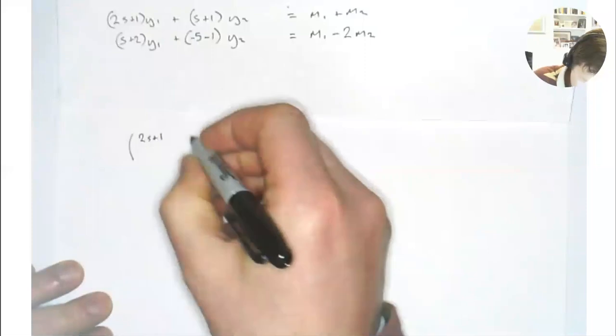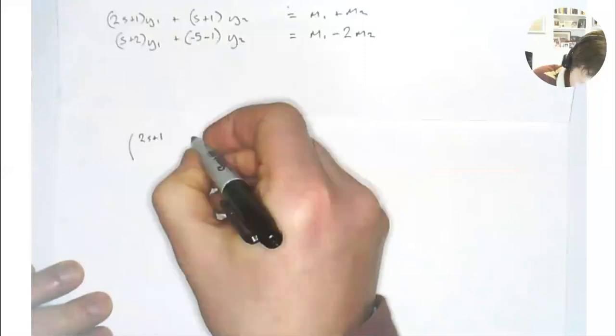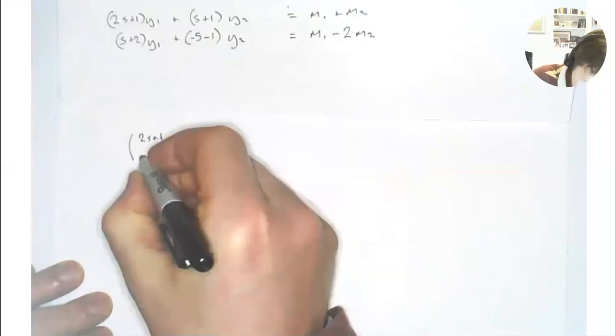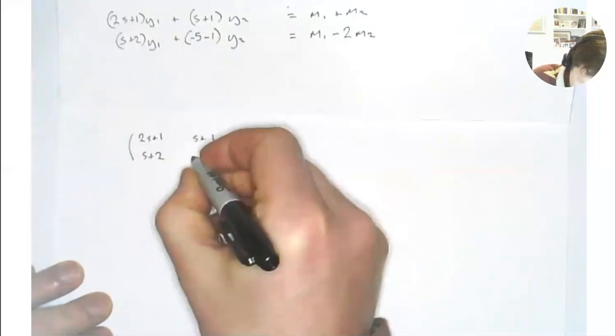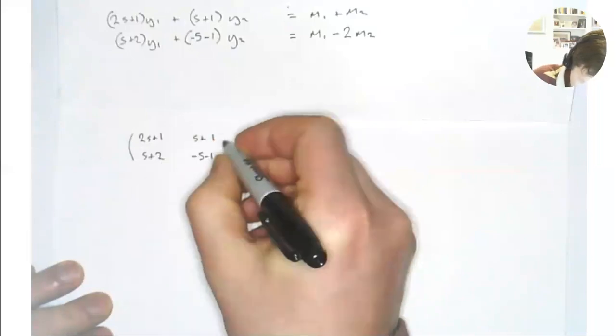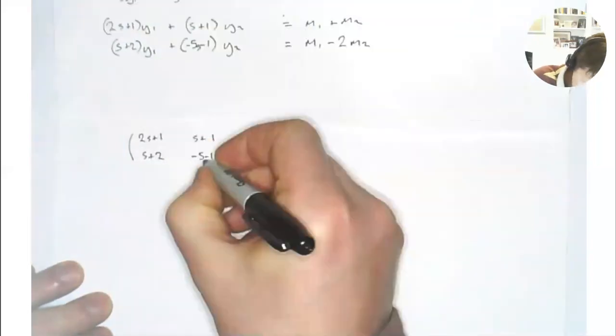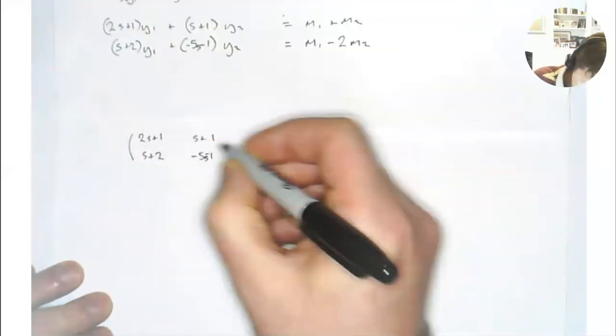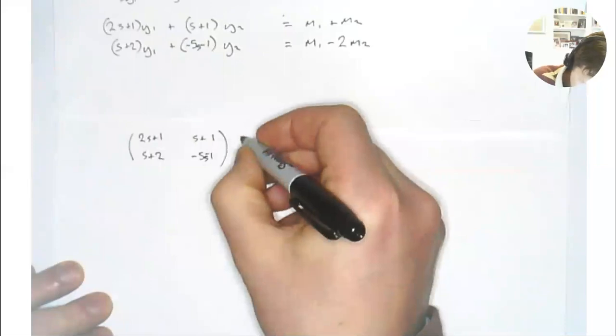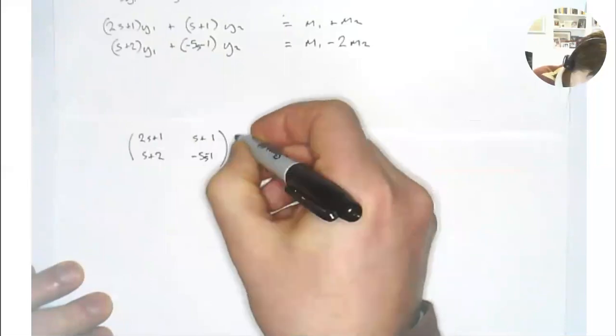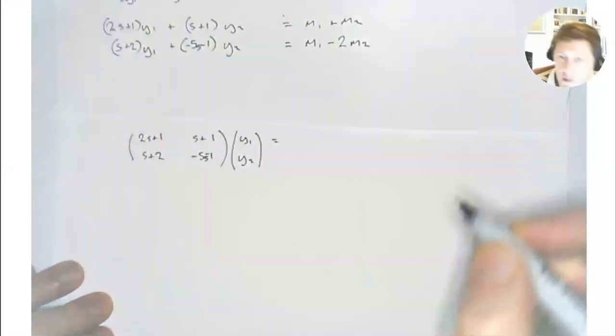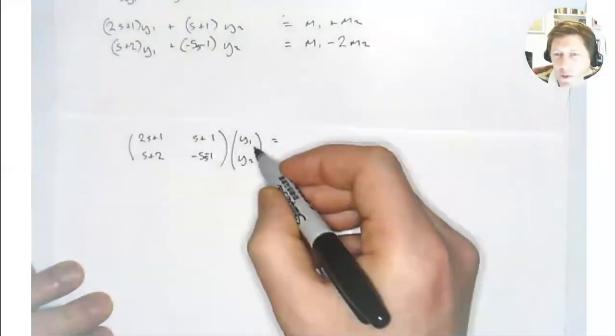So in our matrix, we're going to have 2s plus 1, s plus 1, s plus 2, minus 5s minus 1, equals, times y1, y2.